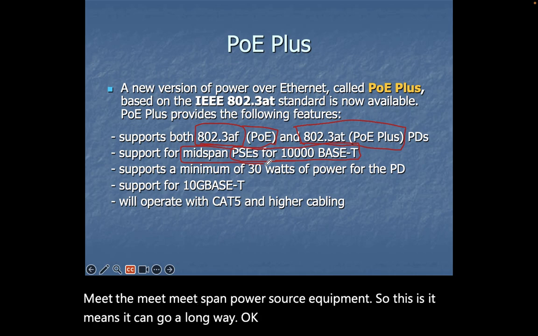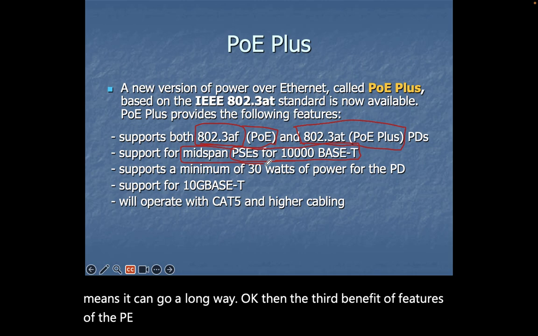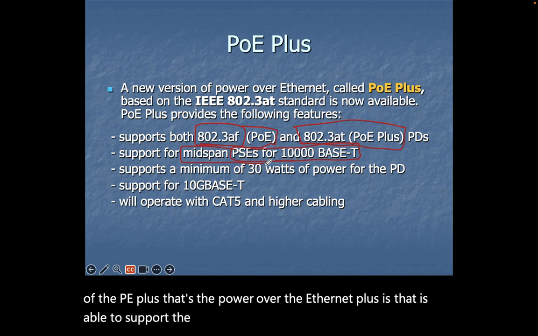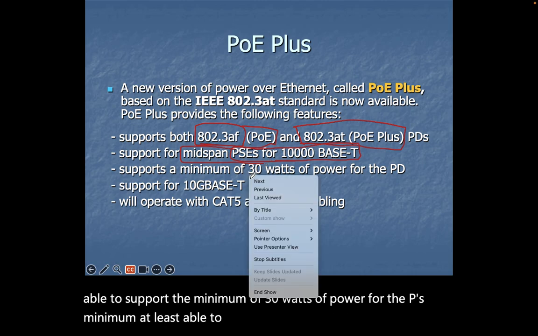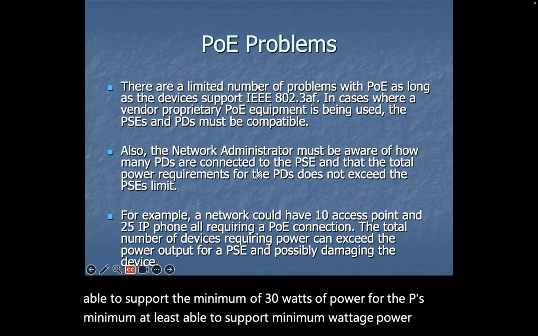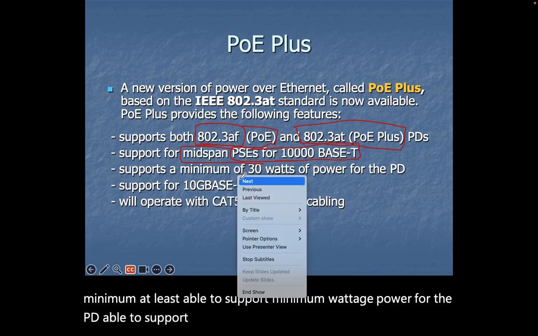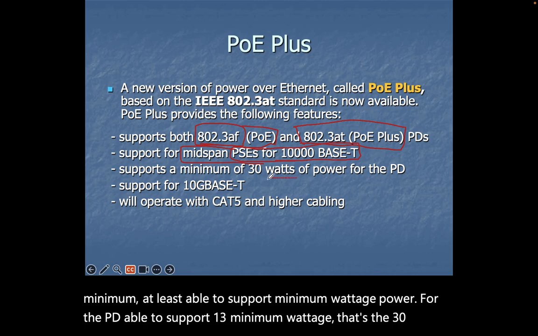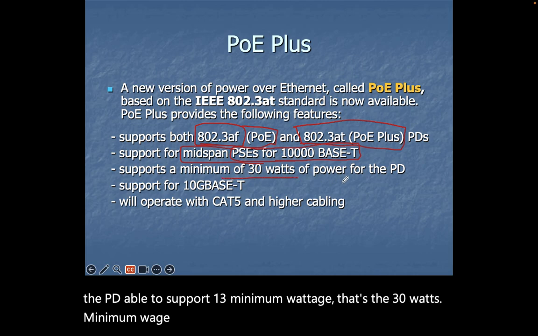Okay. Then the third feature of the PoE plus, the Power over Ethernet plus, is that it's able to support a minimum of 30 watts of power for the PDs. At least the minimum wattage, 30 watts, for all powered devices.